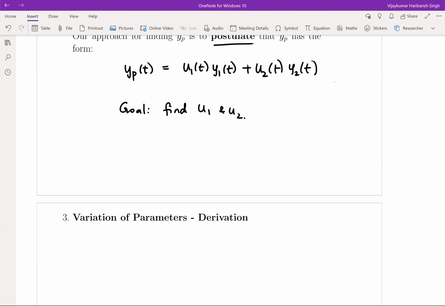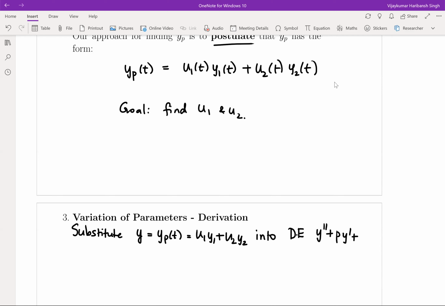So we'll substitute y equals yp of t, which is the same as u1 y1 plus u2 y2, into your given differential equation y double prime plus p y prime plus q y equals g.